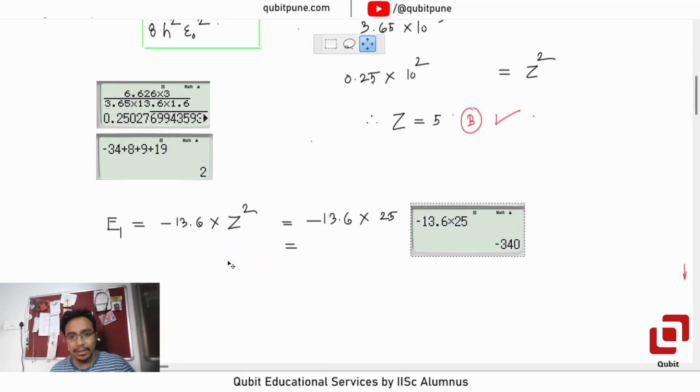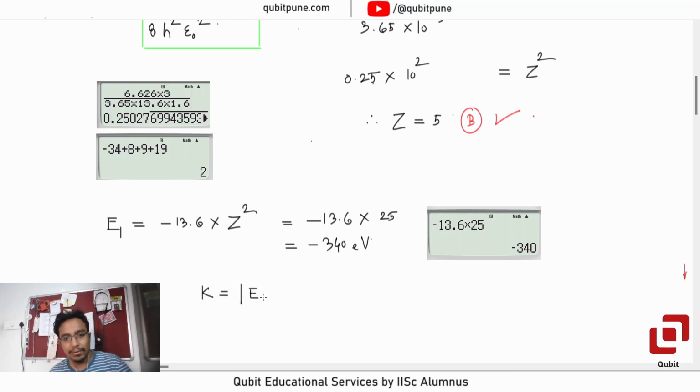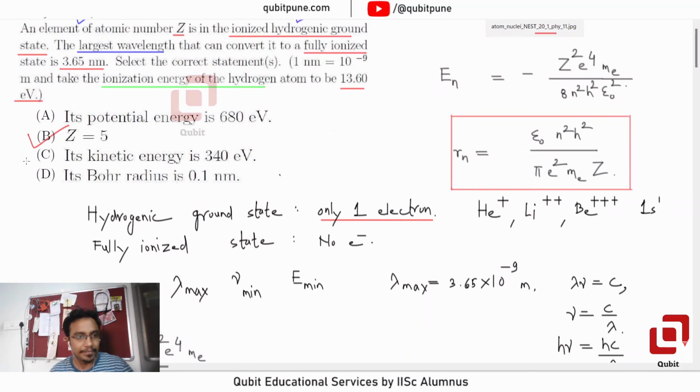Now we know that kinetic energy is mod of the total energy. So kinetic energy is 340 electron volts. Is it right? Yes, its kinetic energy is 340 electron volts. That is right.